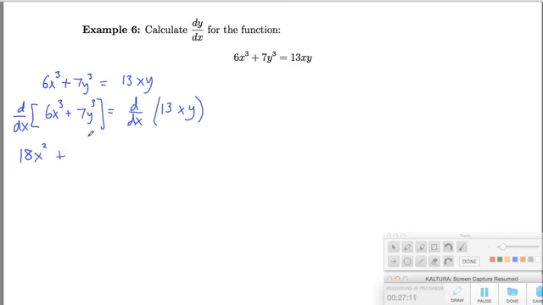Now for the 7y cubed, that's going to be 21y squared, and then times the derivative of the inside part, y prime. But what we've got over on the right, notice we've actually got a product of two functions. We've got 13x and y. So to do the derivative, we've got to do the product rule.